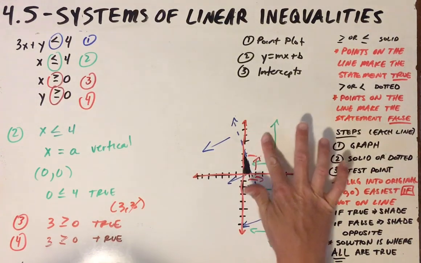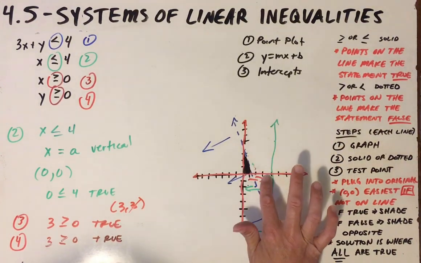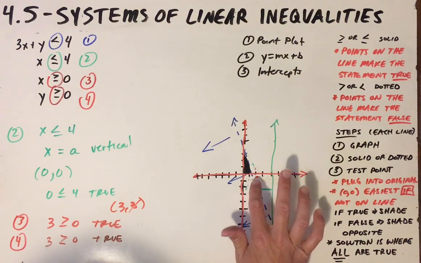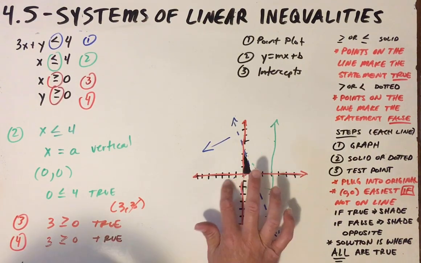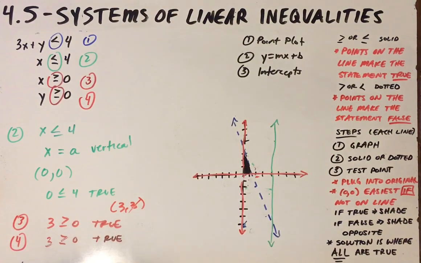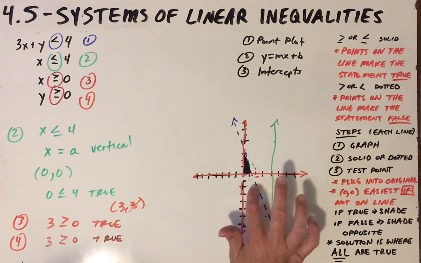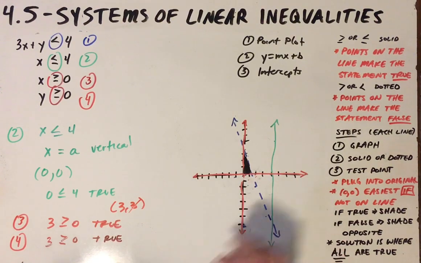So none of this matters anymore. Okay, so this is the solution here. Just that little tiny area is shaded. All right, so this is the end of 4.5 video, and hopefully a good review.